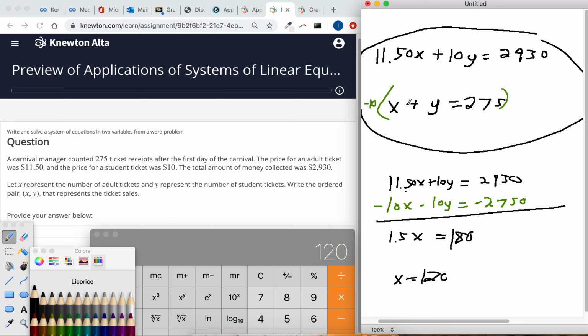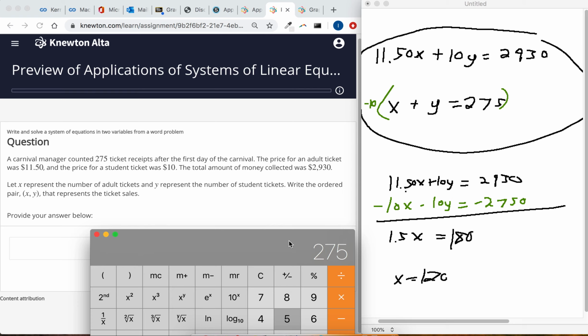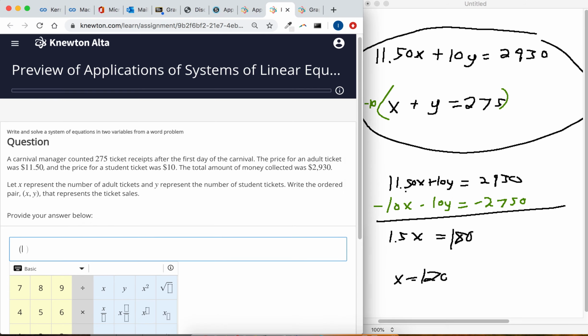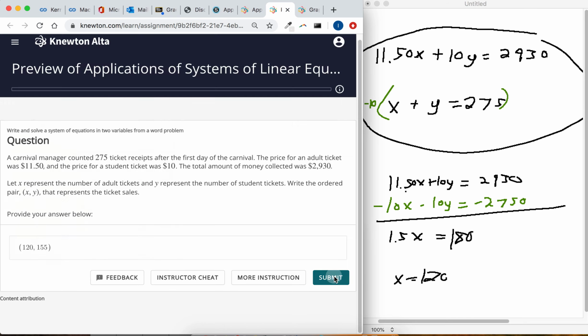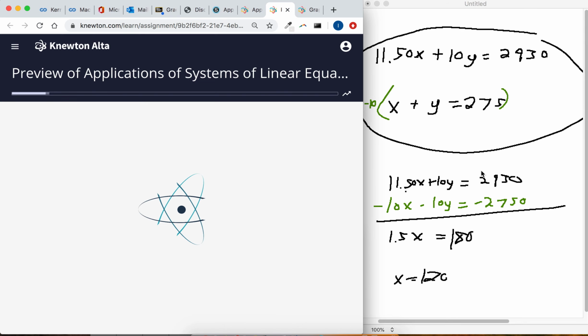Plug that into this equation, or that one, to find out the number of student tickets. And when you do that, you should get 155 for Y. All right, there's your ordered pair. Okay, let's try another one.